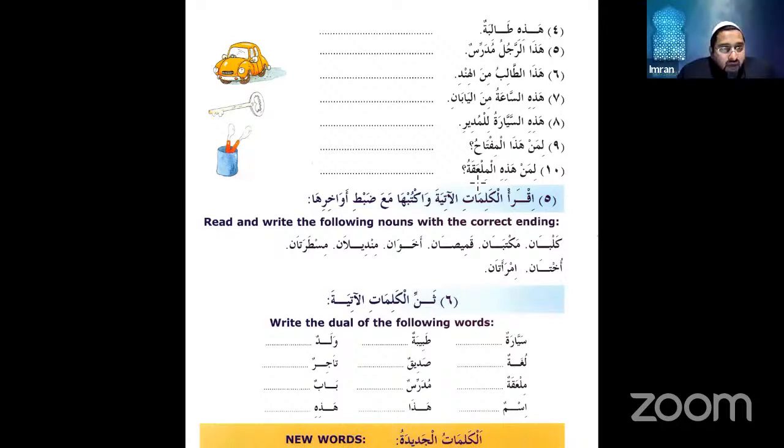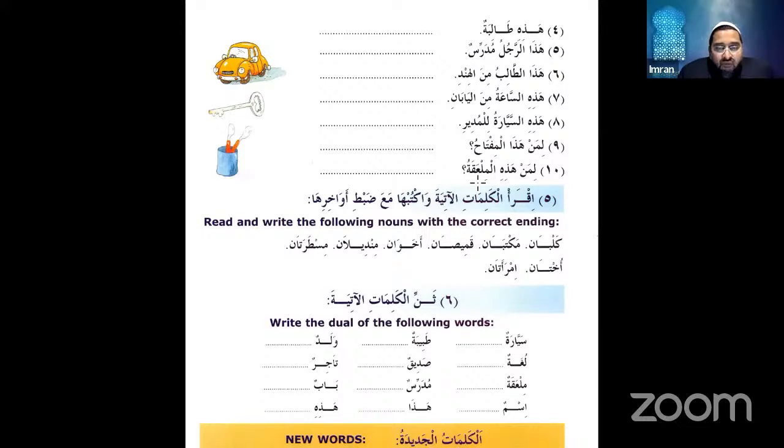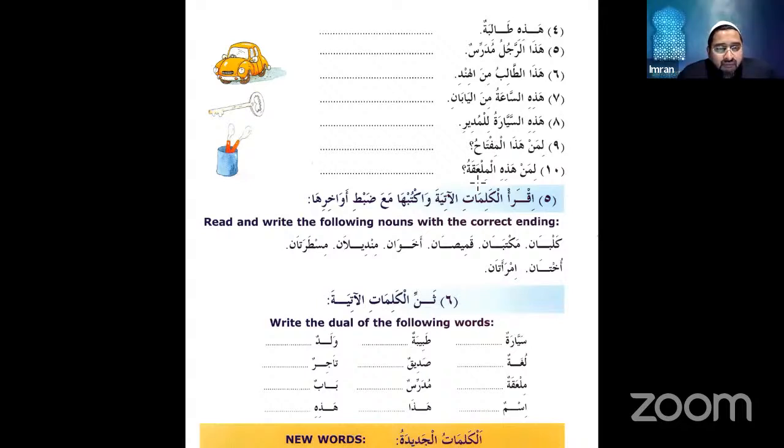Sister Munira, can you do the first line and make it into dual? Write the dual of the following words. Bismillahirrahmanirrahim. Sayyaratun, sayyaratani, 2 cars. Tabibatun, tabibatani, 2 lady doctors. Waladun, waladani, 2 boys.